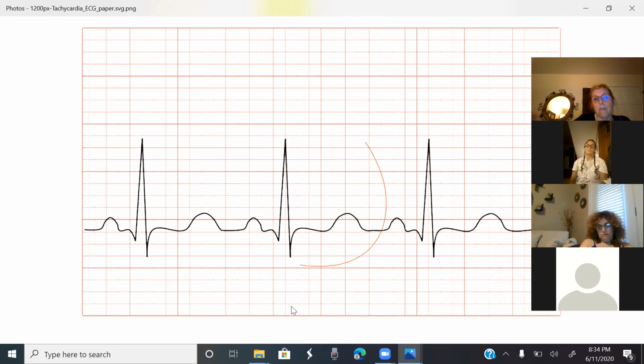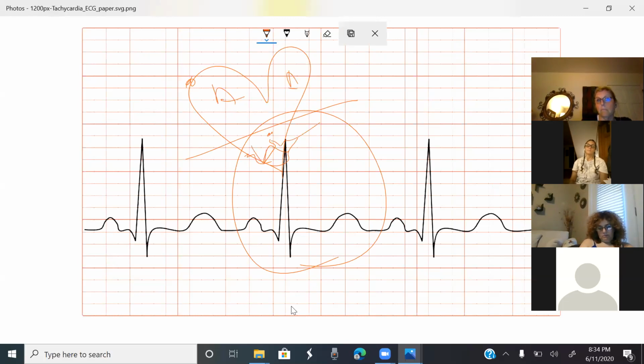That's what this is right here. You've got your heart, your little chambers, your SA node, your AV node, your Purkinje fibers, your atrium, and your ventricles. It looks like that is your P wave and your QRS and your T wave.